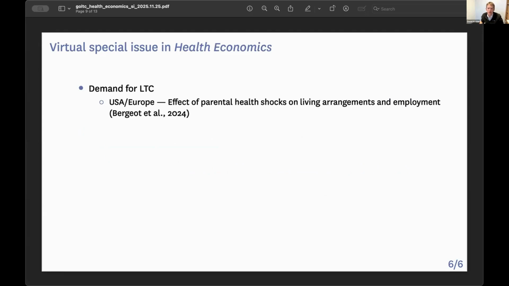Let me talk through some of the articles in the special issue. One of the articles was on the demand for long-term care. It was by Julien Bergeau, Irene Ferrari, and Yi Gao. It identified a causal link between unexpected health shocks over a person's life and long-term care decisions, using panel survey data from the Health and Retirement Study in the US and the Survey of Health, Aging, and Retirement in Europe.